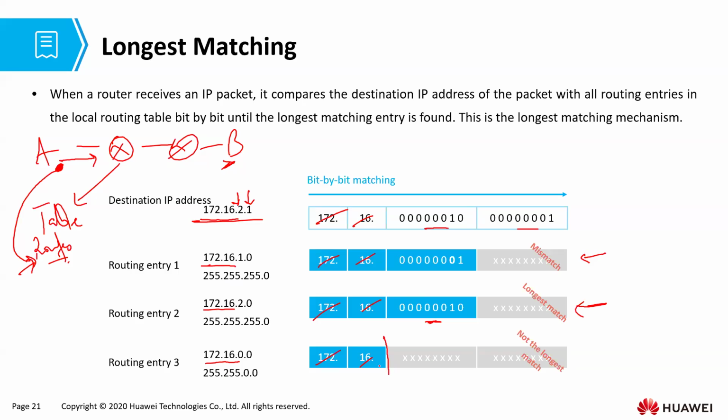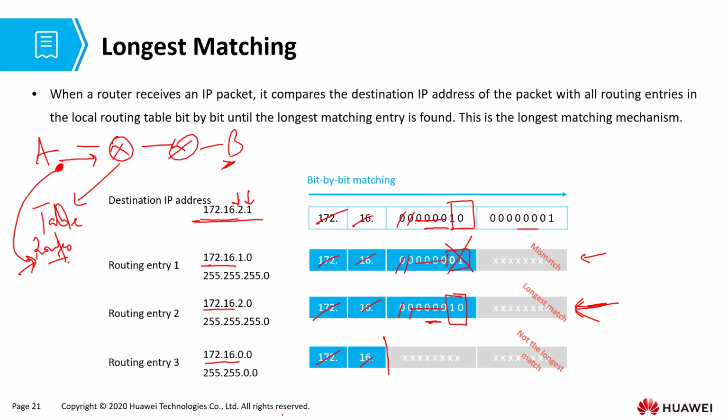That's why you see it stopping here. So our longest match will take the bits that match, this one matches, these match, up to here. But the route that matches the most bits is the one with the longest match, meaning that route will be used to forward our packet to the destination.